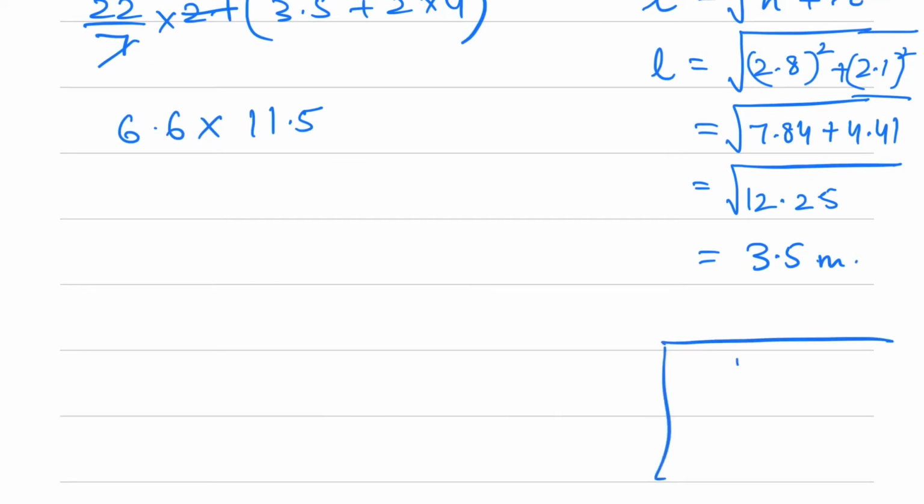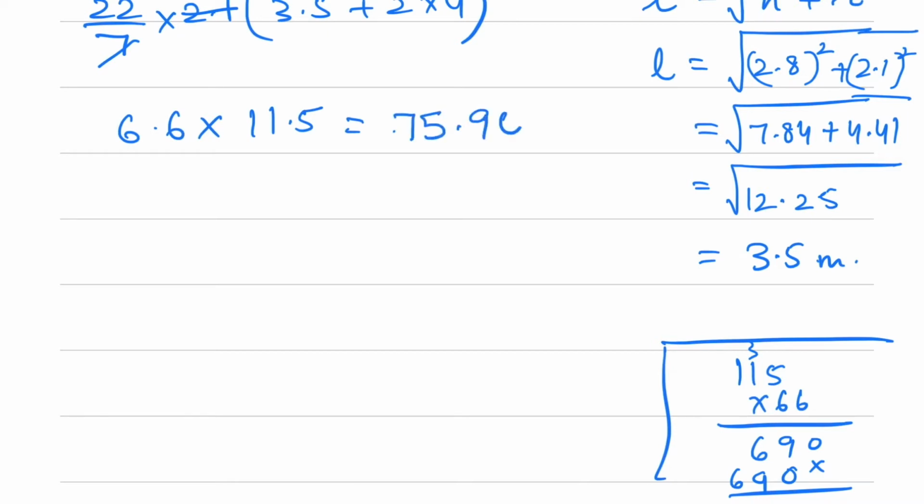So we have 115 into 66. So 6, 3, 9, 690, 690. So we get 75.90 meter square for 100 tents.